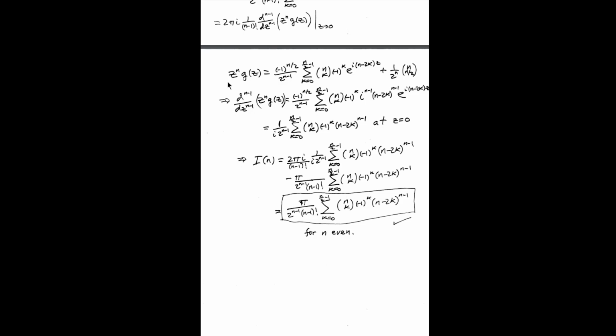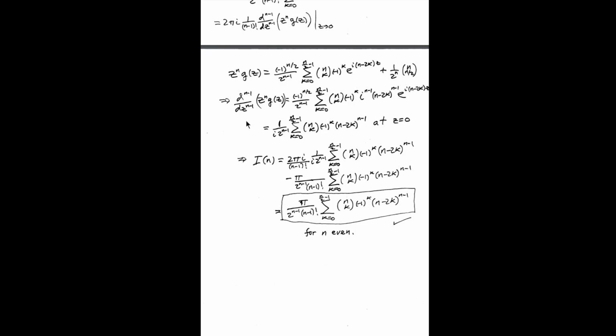Well, z to the n g of z equals minus 1 to the n over 2 to the n minus 1 times the sum as k goes from 0 to n over 2 minus 1 of n choose k minus 1 to the k e to the i times n minus 2k times z plus 1 over 2 to the n times n choose n over 2. Just multiplying z to the n times g of z.